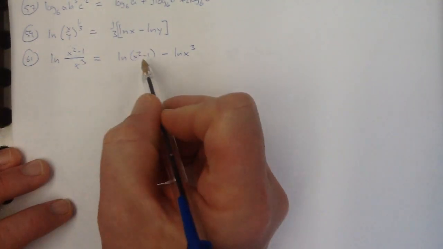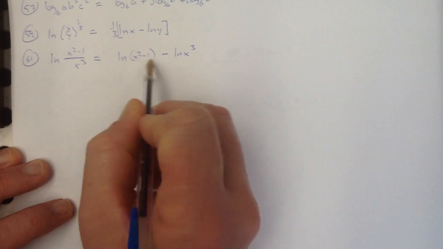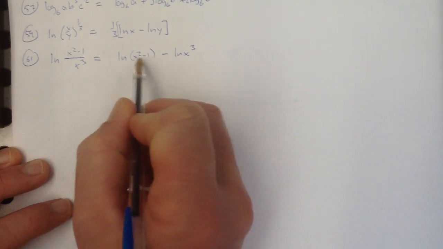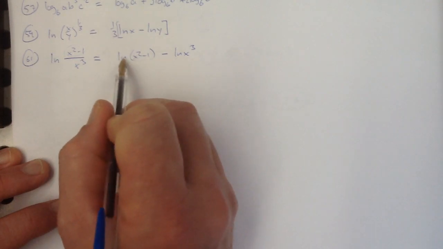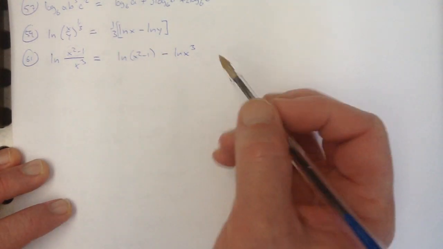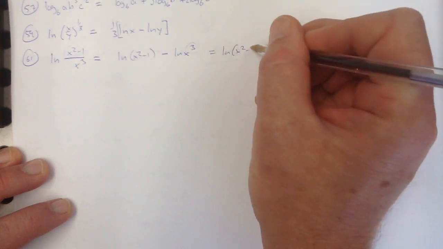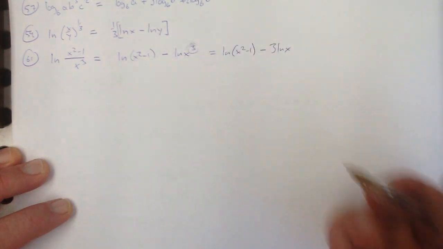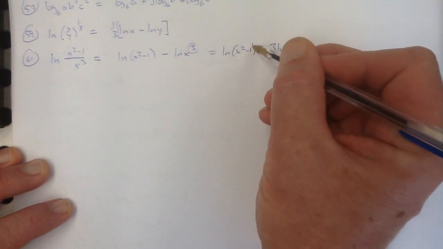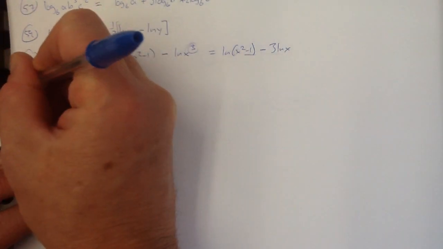Don't make the mistake. This is subtraction inside a logarithm. There's no rule for what to do with this. Our rule is if there's multiplication or division inside a logarithm, that can change. But this cannot. This can, though. That's natural log of x squared minus 1, minus 3 natural log of x. That can come to the outside. This cannot because of the minus 1 in there. You can't peel it off when there's something else going on inside.